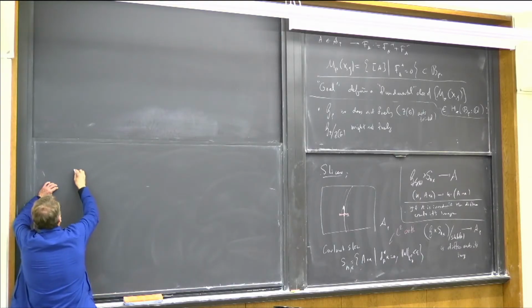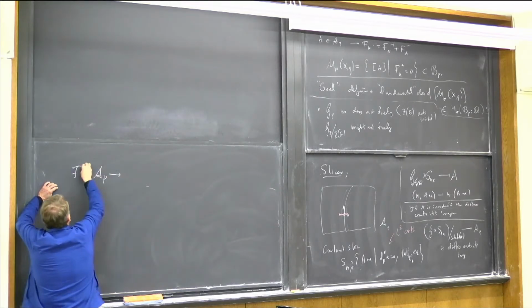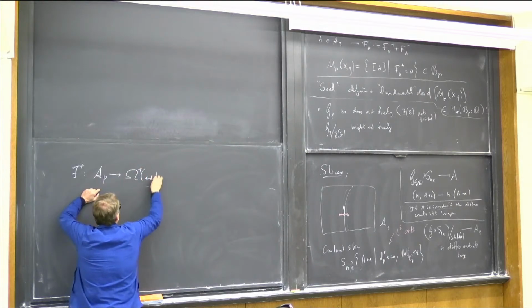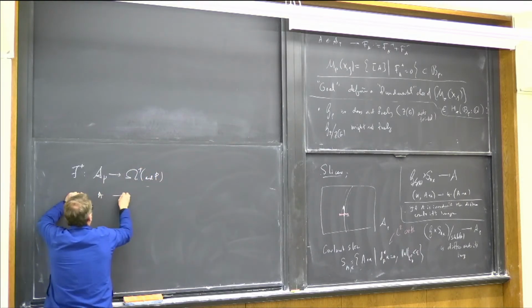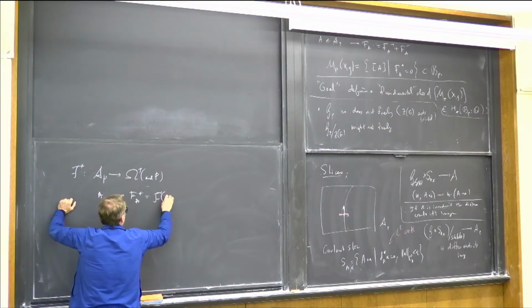That's a, let's call it the map F. We'll call it F plus, that sends this guy to self-dual two forms with values in ad P. Connection goes to its curvature. That's this curly F of A.